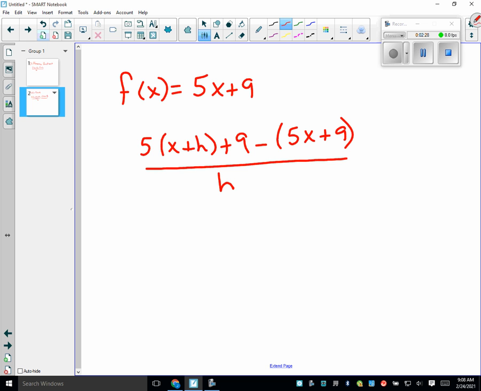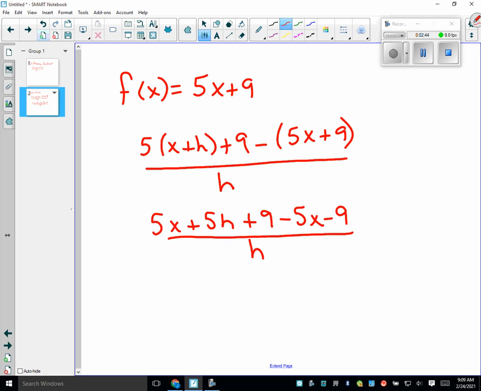Now I simplify. Isn't this 5x plus 5h plus 9 minus 5x minus 9 over h? Agree or disagree? Agree.